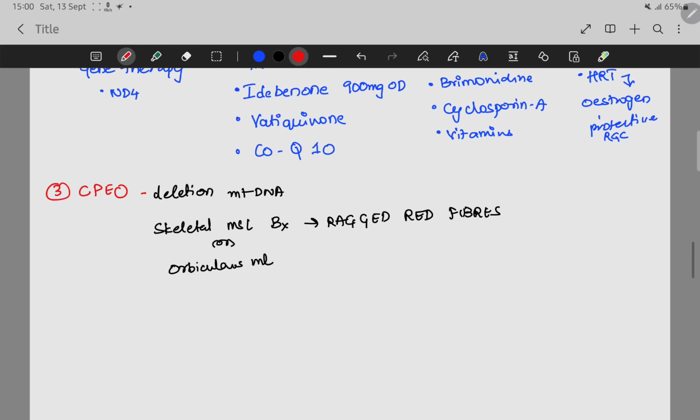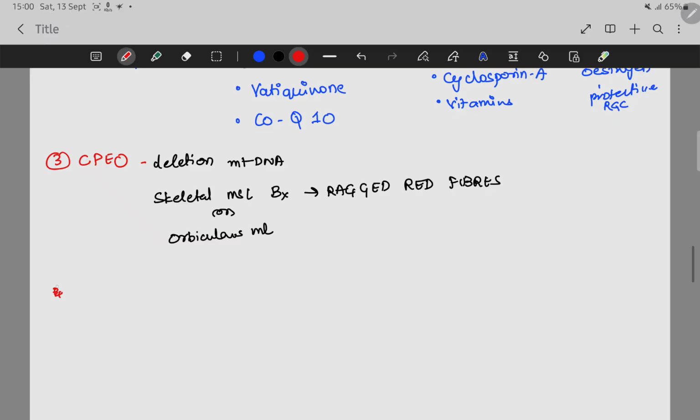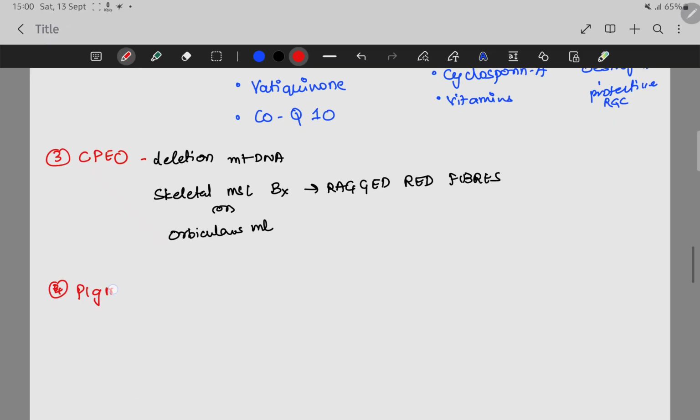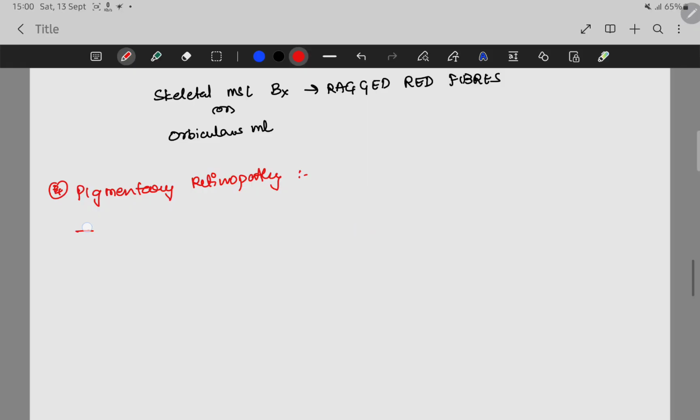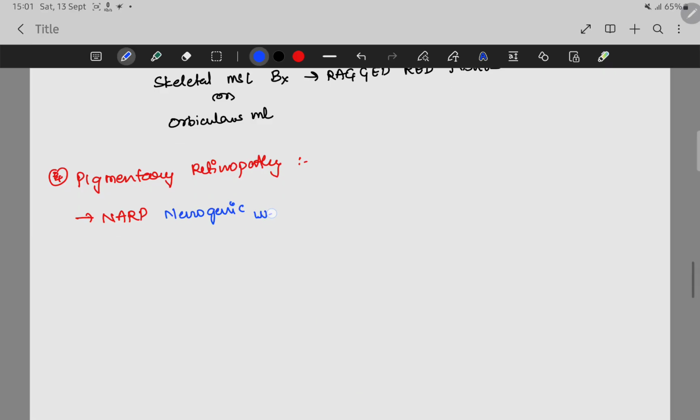Then we have pigmentary retinopathy, which includes NARP, that is neurogenic weakness, ataxia, and retinitis pigmentosa.